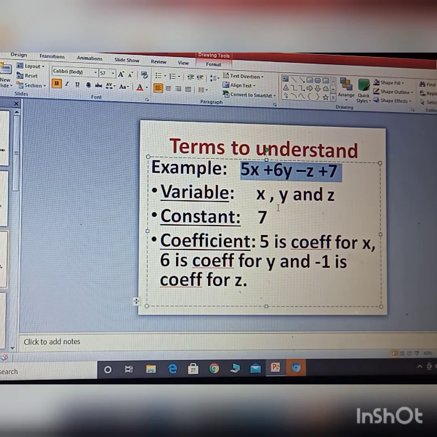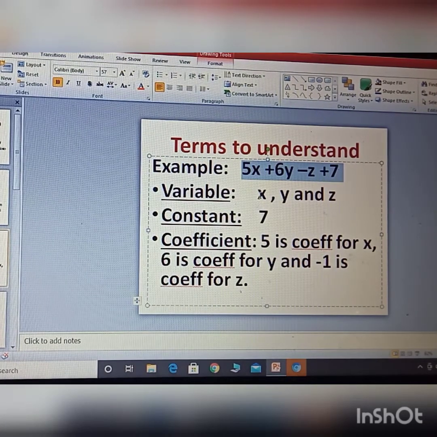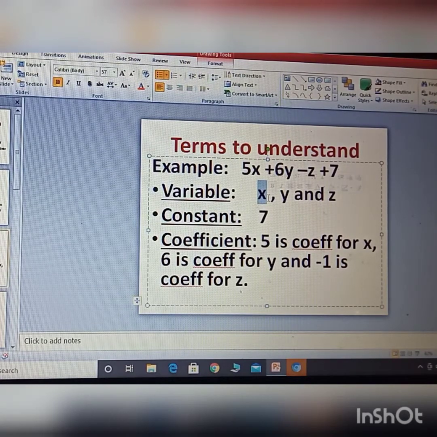Many different numbers could be represented by the letters or alphabets. If you take this letter x, it could have different values. It could be 1, 2, it could be -7, it could be a fraction. So you can assign any value to this variable. Same is the case with the other alphabets.